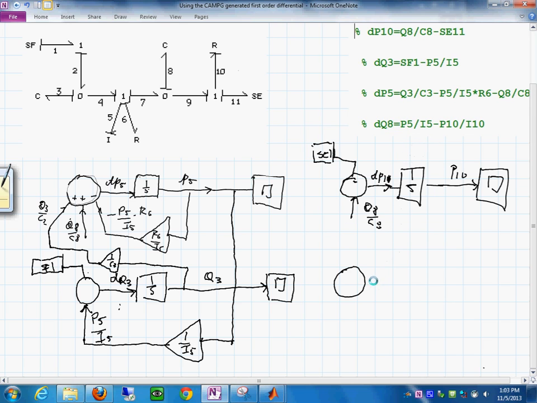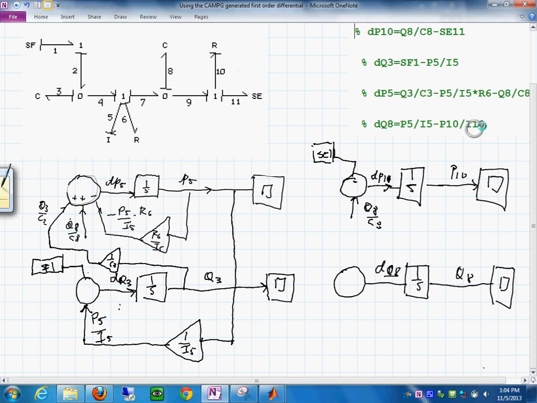This is d q sub 8 dt, and you do an integration 1 over s, and what do you get? You're going to get q sub 8.